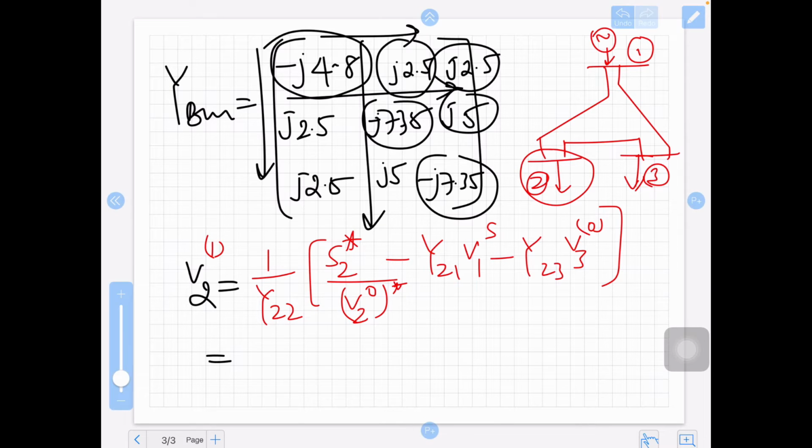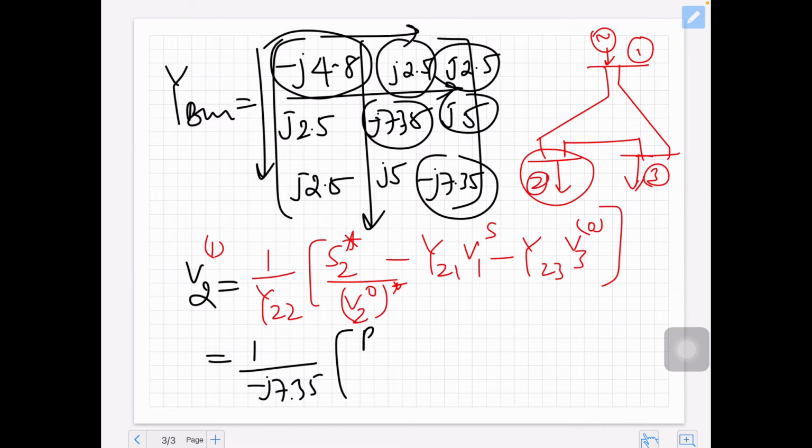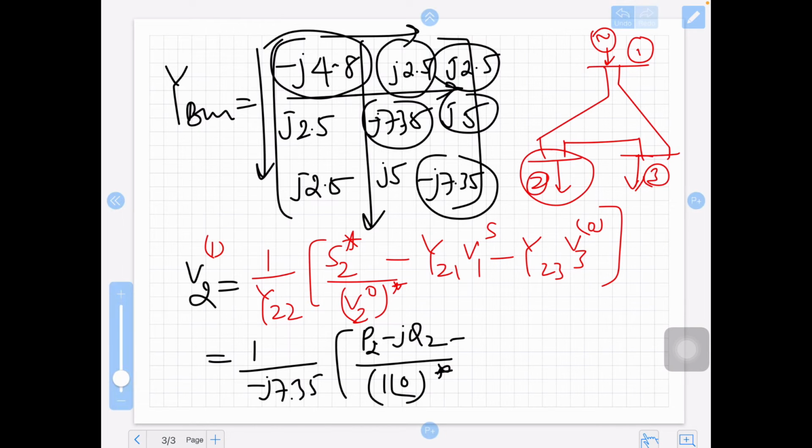So here y22 is known, the value is minus j7.35, and S2 is nothing but P2 minus jQ2. So S2 conjugate means P2 plus jQ2. If you take the conjugate, you will get P2 minus jQ2. So the V2 value is not given, therefore take 1 at an angle of 0, take the conjugate, minus y21, which is known, that is j2.5.